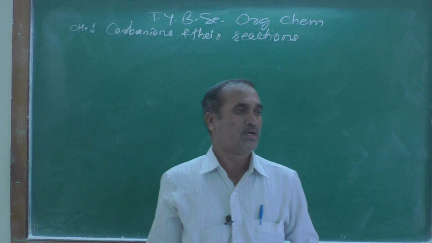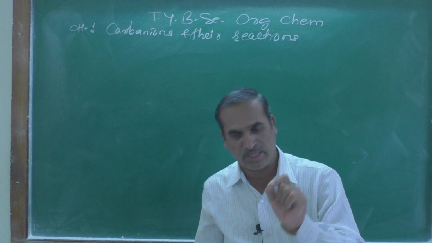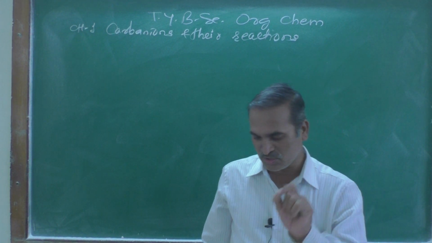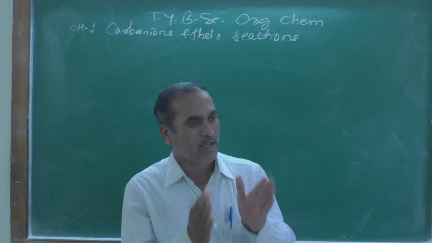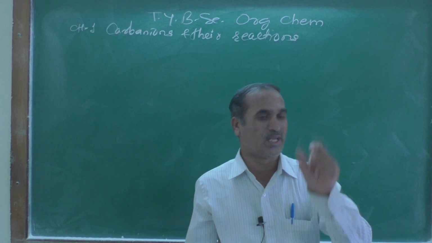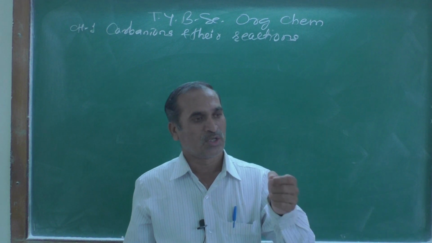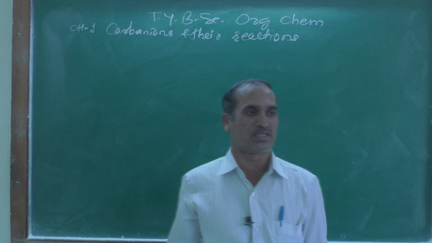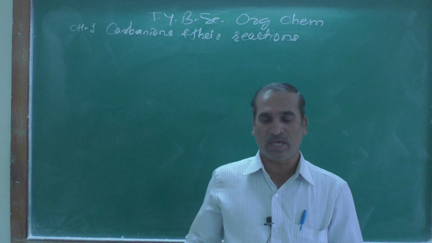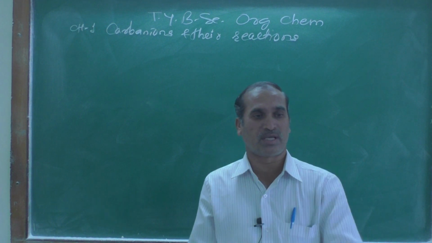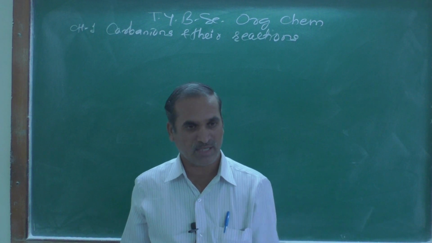The second key point in cross aldol condensation is that only one of the carbonyl compounds has at least 2 alpha hydrogen atoms, and it is used in the presence of a catalyst.